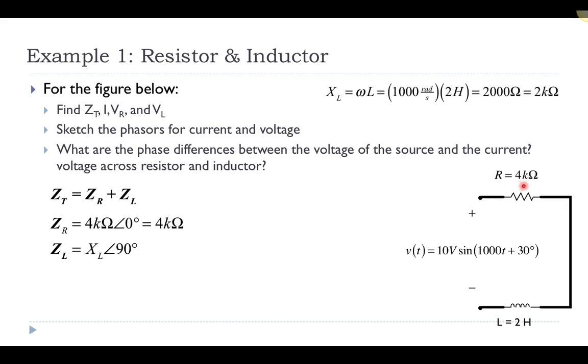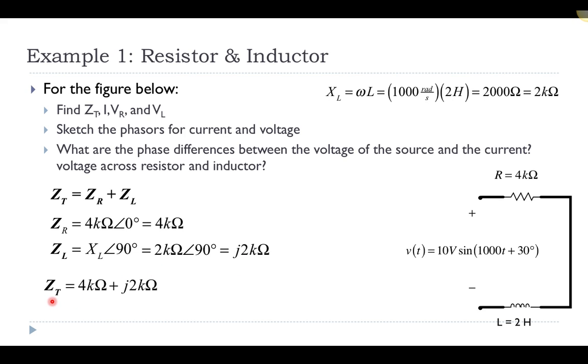Since my resistor is in kilo ohms, I'm going to use kilo ohms here. And so I can write down my impedance for the inductor as 2 kilo ohms with an angle of 90, or in rectangular form as 2 kilo ohms in the imaginary direction, or having an imaginary part.